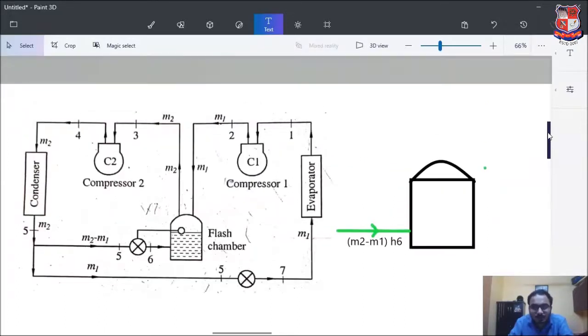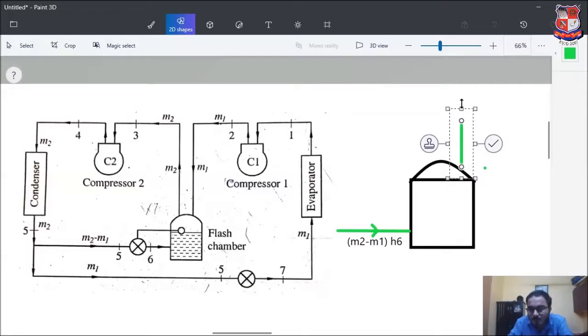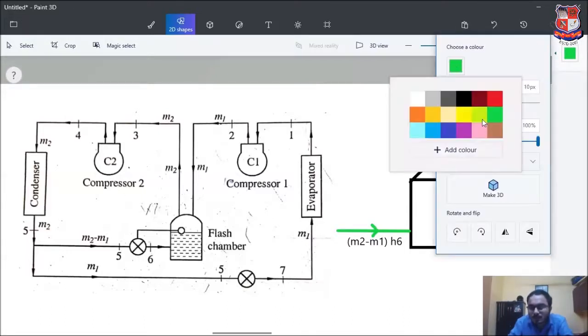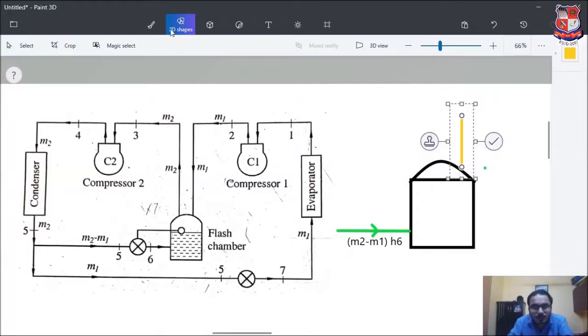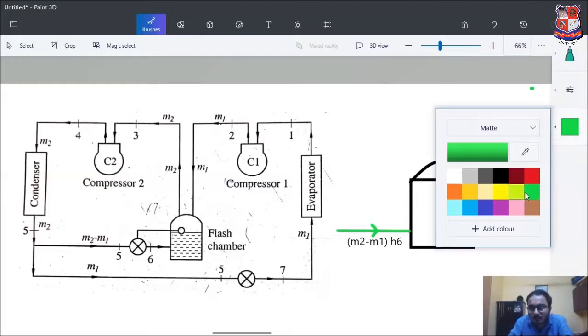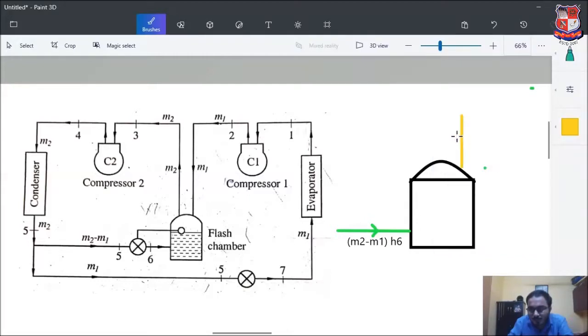Now the second will be coming from the first compressor. So we can draw that. And if you see, the energy contained by this is M1 into h2.